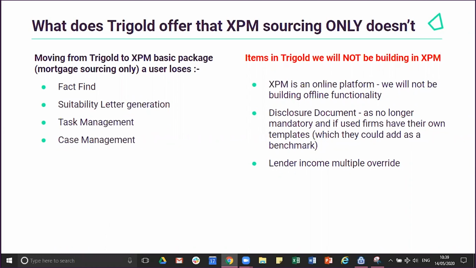There are a couple of things that Trigold has which are not currently in the online version of Xplan Mortgage if you were to only take out the mortgage sourcing module. And there are also a few things in Trigold that we will not be bringing into XPM. So first of all, if you use Trigold at the moment, there is already a really basic fact find and suitability letter generation tool within there. That's actually not part of our standard offering anymore.